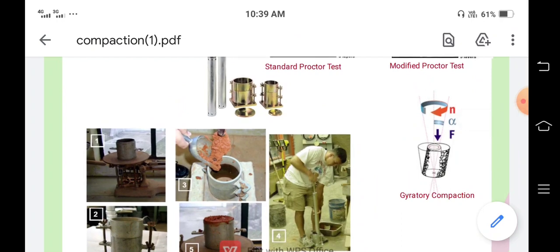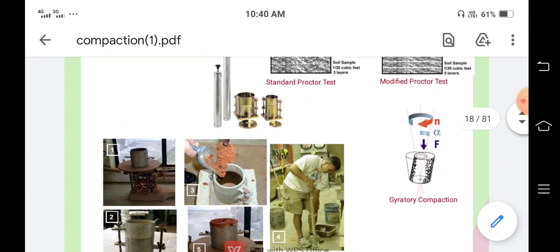In a core cutter test, there will be a core cutter, and at the top there will be a dolly. Here there will be the mold with the detachable base plate, and at the top there will be the collar. In the core cutter test there is a rammer, and here there is also a rammer of weight 2.6 kg, because we are studying the standard proctor test.